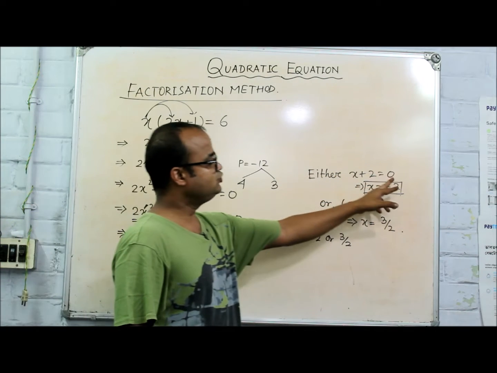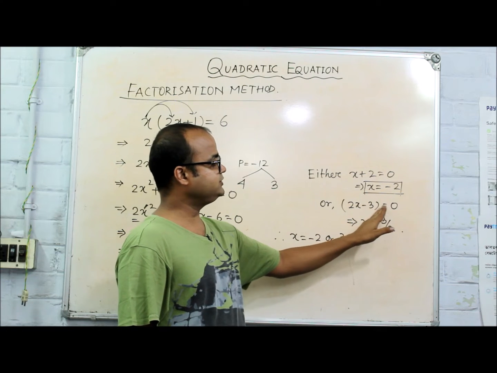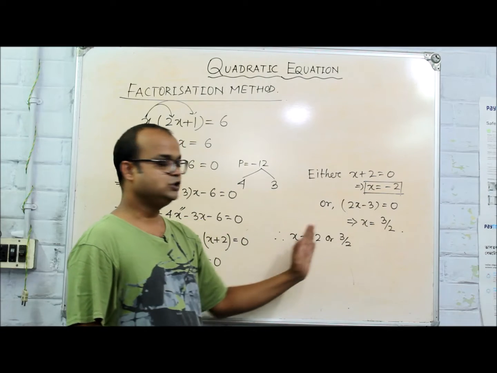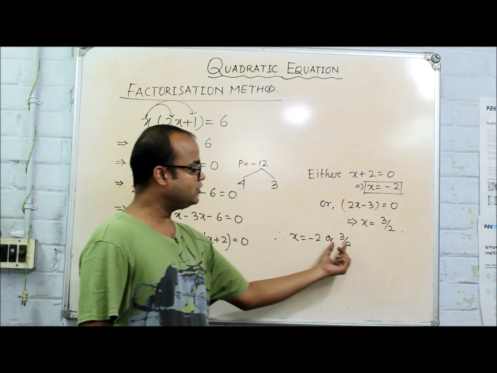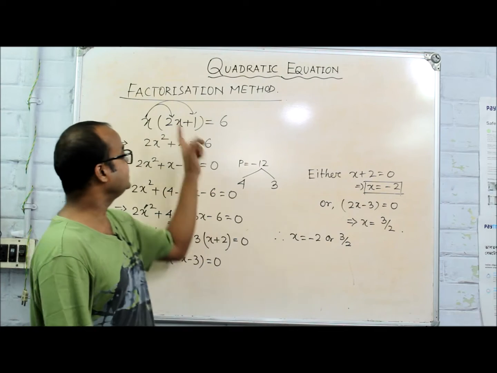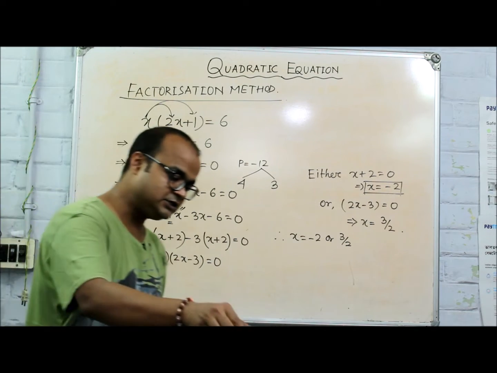So x plus 2 is equal to 0 implies x is equal to minus 2, and 2x minus 3 is equal to 0 implies x is equal to 3 by 2. So we will get the two values of x, or we can say the roots of the corresponding equation. Clear? Now we will take another example.